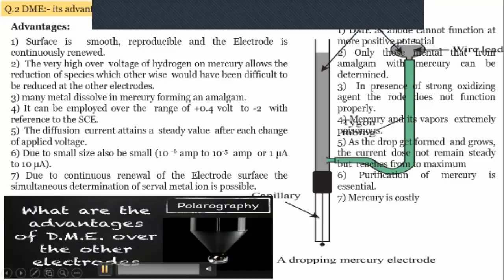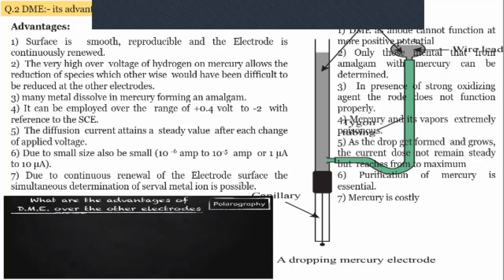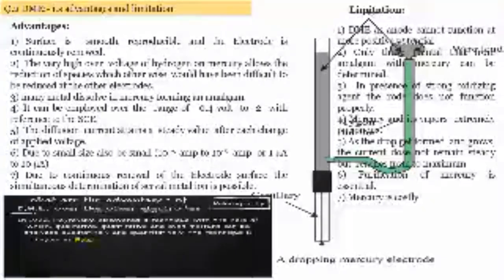The first question is, what are the advantages of the dropping mercury electrode over other electrodes? In 1922, Heyrovsky discovered a technique with the help of which qualitative, quantitative, and even mixtures can be analyzed qualitatively and quantitatively. The technique is known as polarography. In this case, electrolysis of the experimental solution is done.